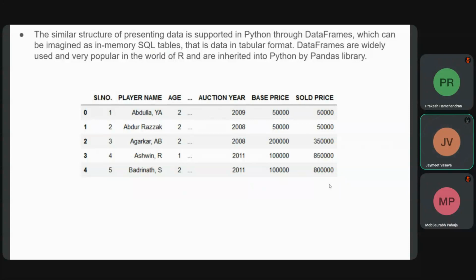A similar structure for presenting data is supported in Python through data frames, which can be imagined as an in-memory SQL table, that is, data in tabular format. Data frames are widely used and very popular in the world of R and are inherited into Python by the pandas library.